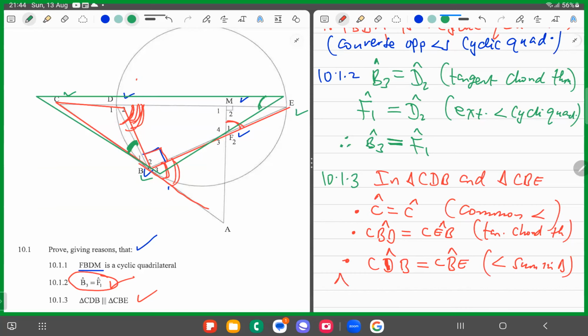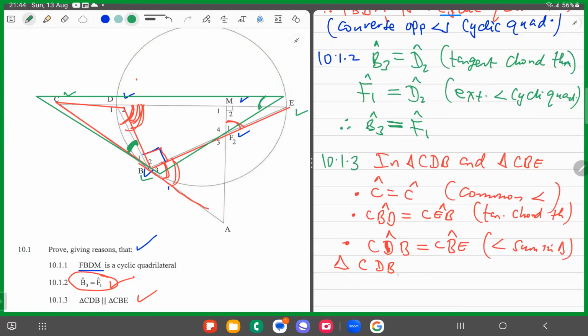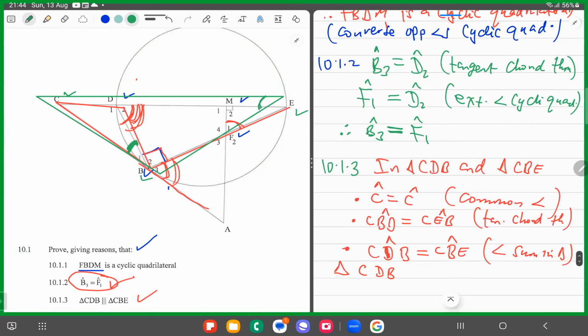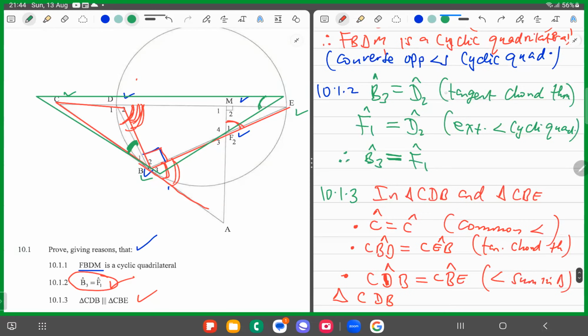So then you have that triangle CDB is similar to triangle CBE.